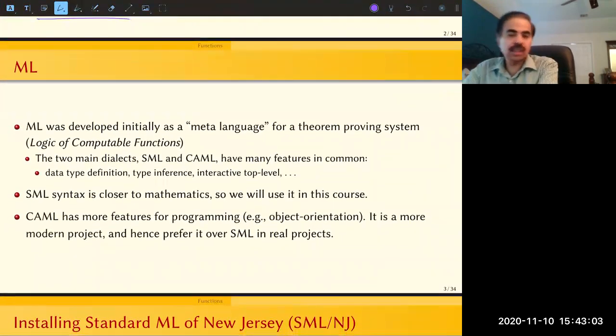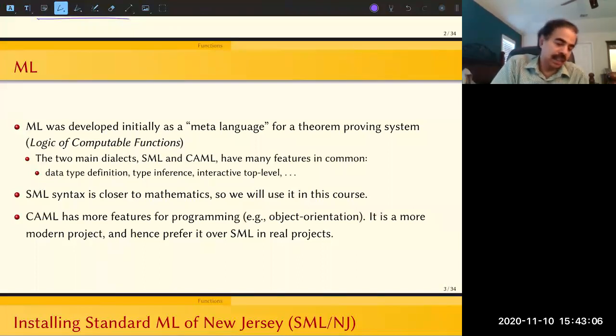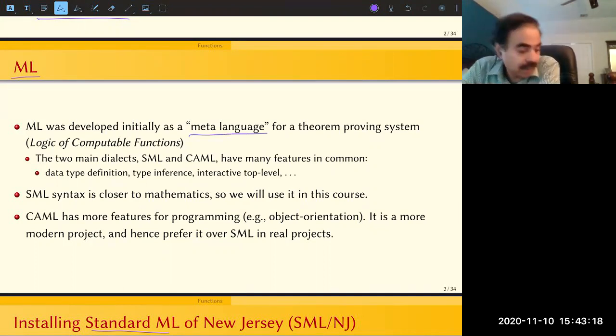So the particular language we are going to use is called standard ML. And a little bit of history: the term ML stands for meta language, right? It was a language that was developed largely in the 80s. The idea was that it was a very high level language that makes it easy to program certain types of applications, in particular writing systems for proving theorems, right?